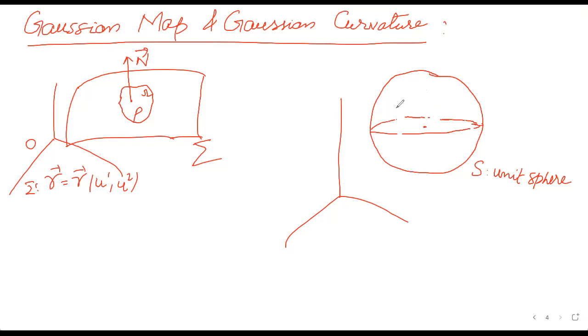So what I am doing, I am sending this point P by some map G to P star in the sphere. So G is a map from sigma to S such that the point P in the surface is mapped on the sphere to P star.